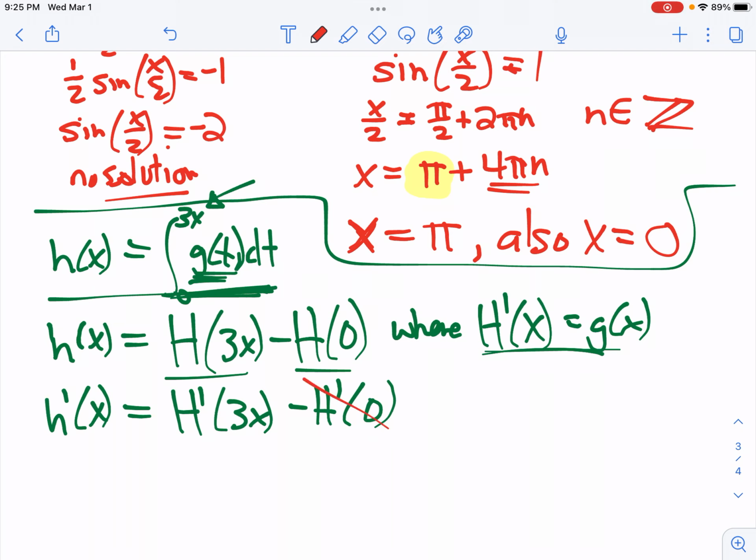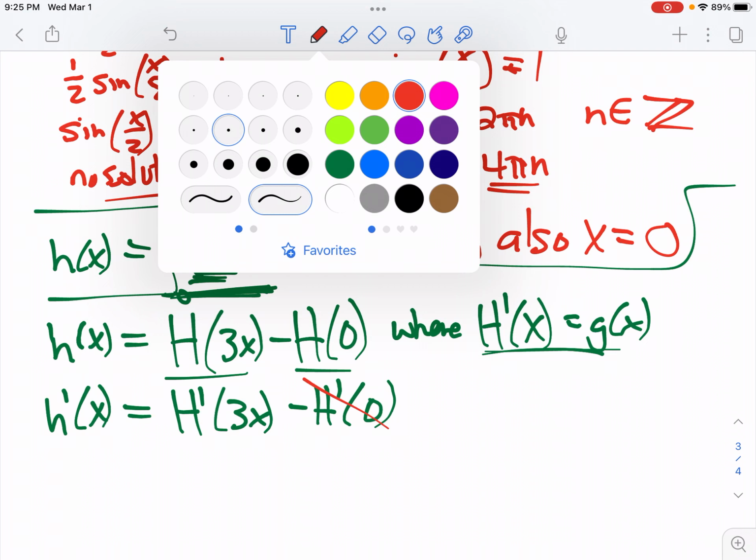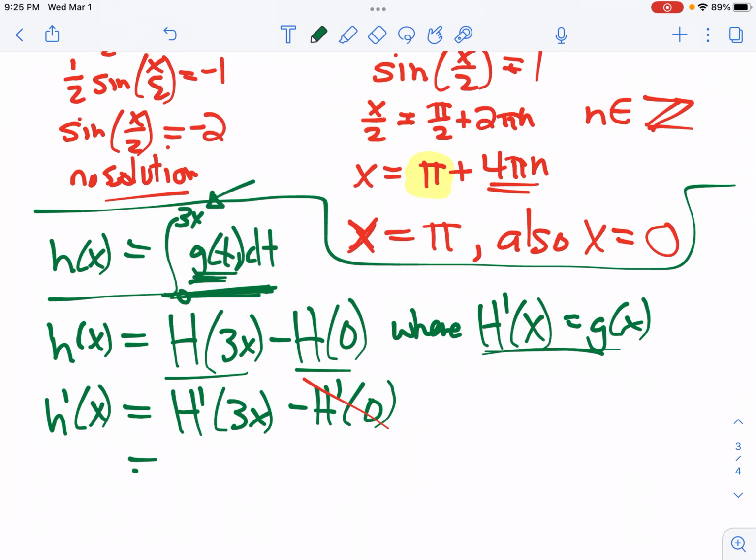That's just going to be 0. What happens in the first part of the sum is that H prime of 3x, that means I'm going to use the chain rule here. It's going to be g of 3x times the derivative of the inside, 3.